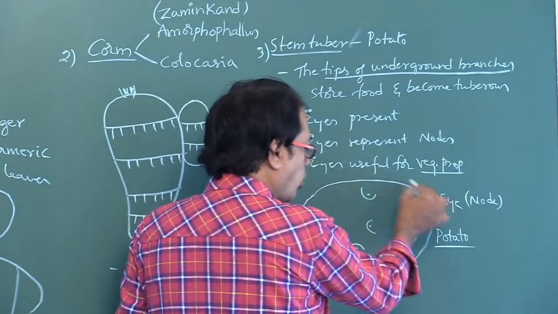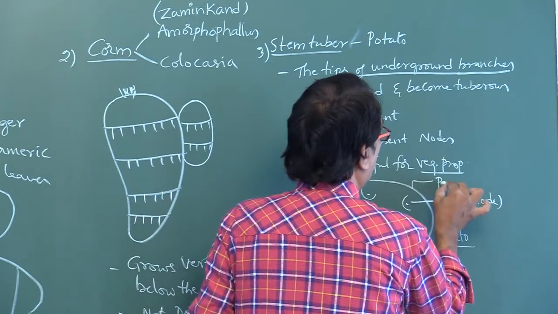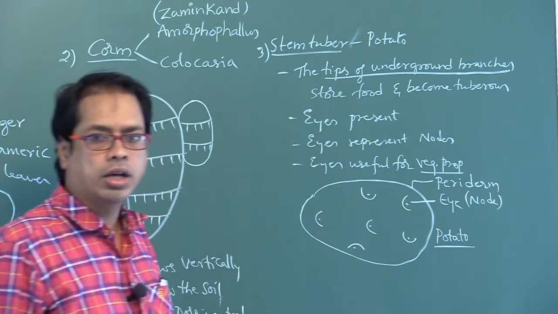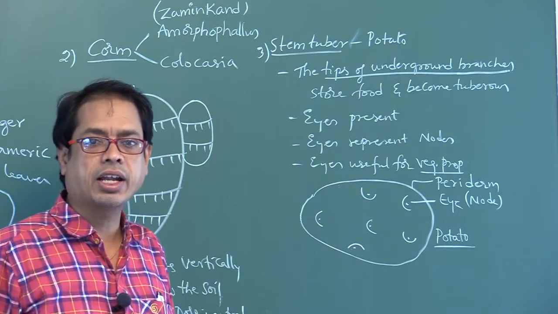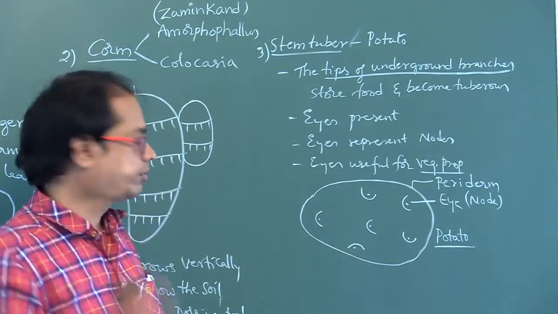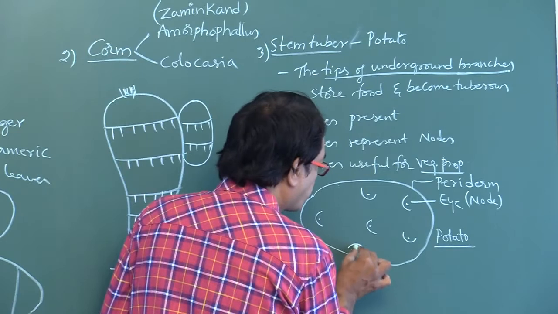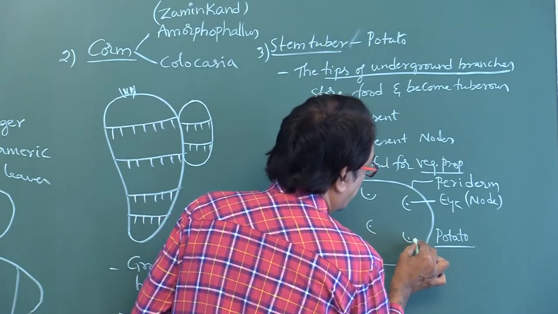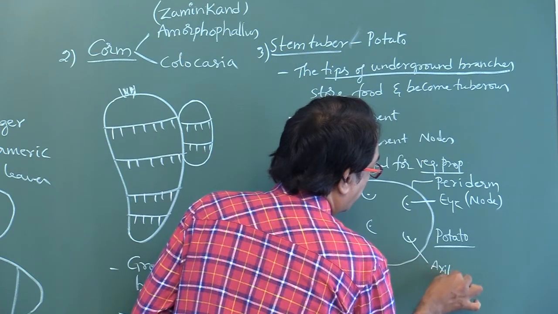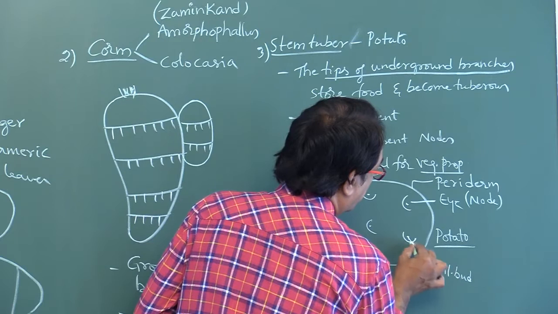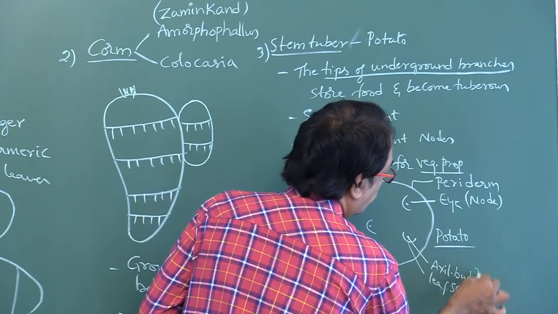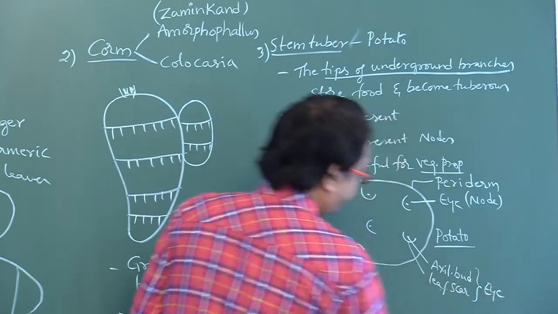The layer present around the potato is called periderm, which is formed during secondary growth. Actually, this dot-like structure is the axillary bud. This one is the leaf scar, together called eye.